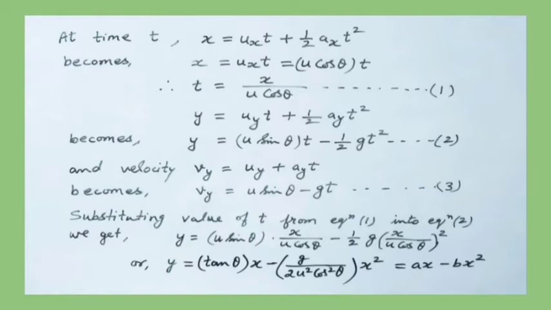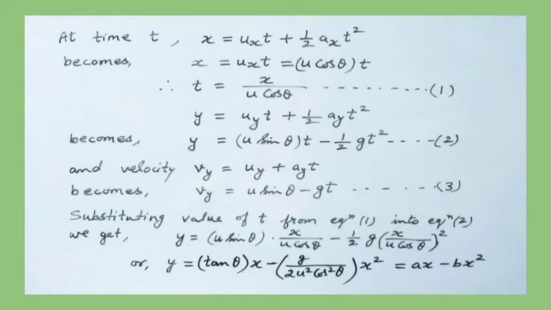And velocity vy = uy + ay × t becomes vy = u sin theta − g t, equation 3.